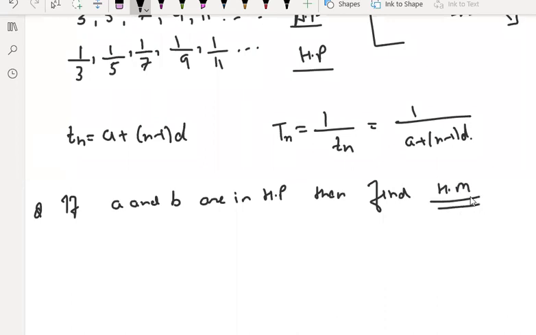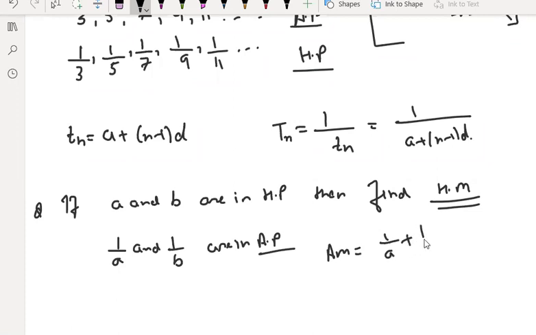So harmonic mean, now think about this. If A and B are in HP, then can I say that 1 by A and 1 by B are in AP? Yes or no? Yes. So what is AM? AM should be 1 by A plus 1 by B by 2, right?